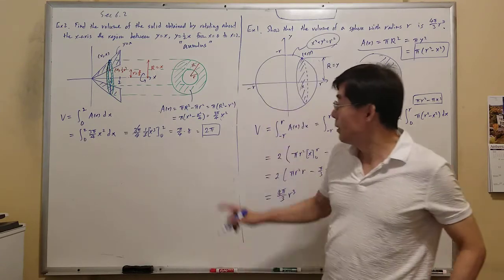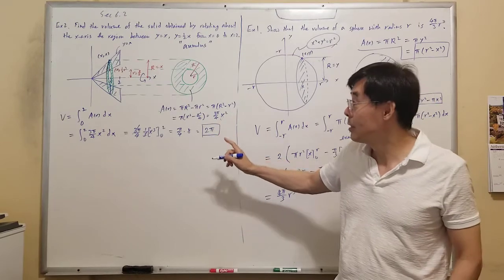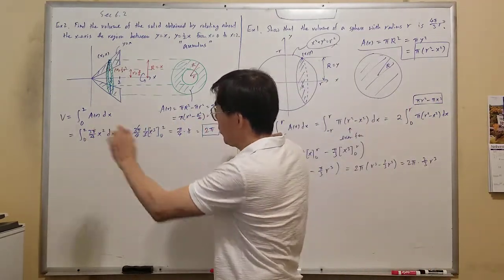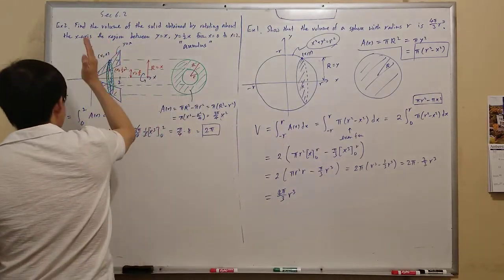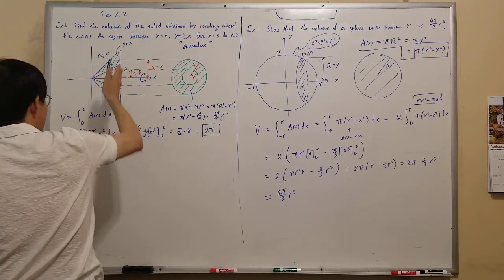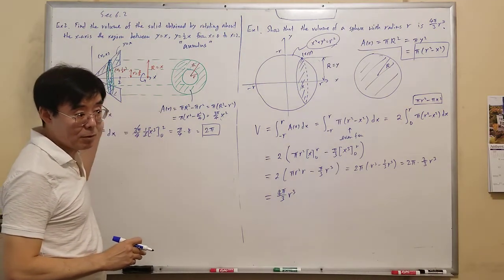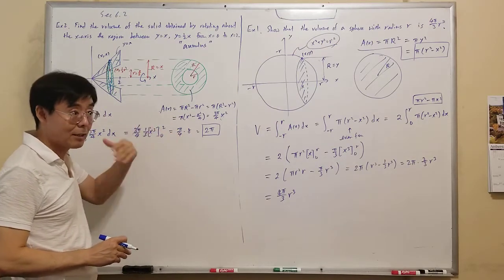Now, this approach is called the washer method. Why washer? Because the original approach to the volume of the solid is by slicing it into thin slices and approximating the volume of each slice as A of xi times delta x.